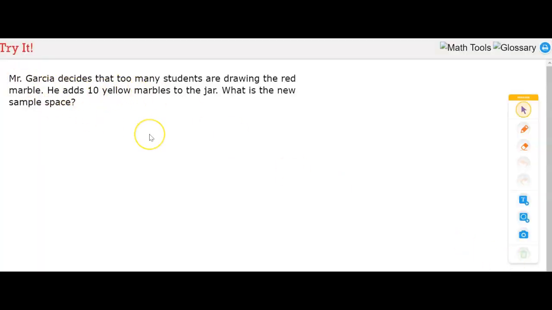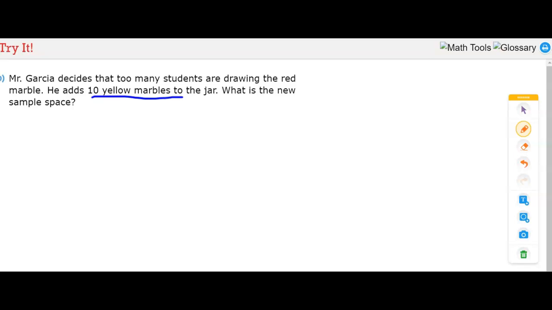Mr. Garcia decides that too many students are drawing the red marble. He adds 10 yellow marbles to the jar. What is the new sample space? Instead of writing the entire sample space over again, I'm just going to add to that sample space. For the yellow marbles, there were 10.